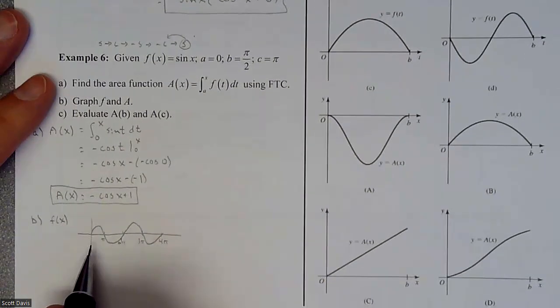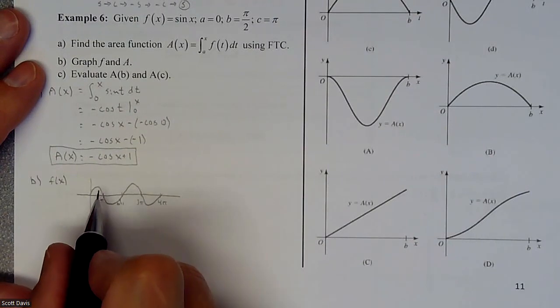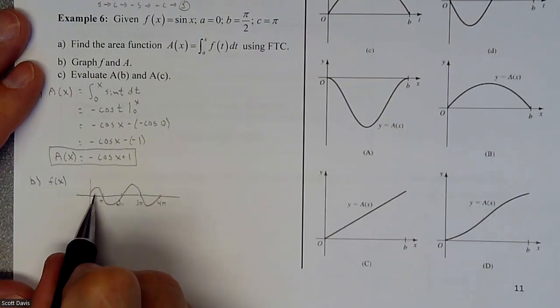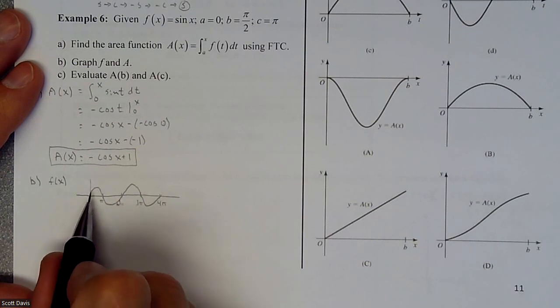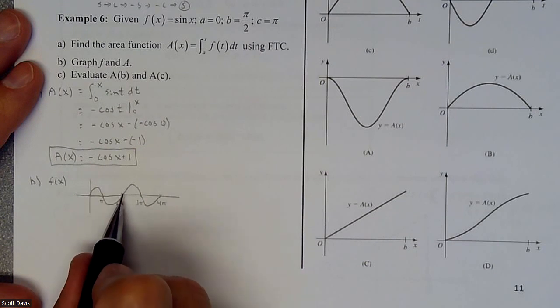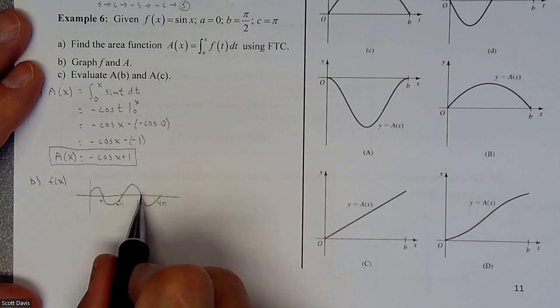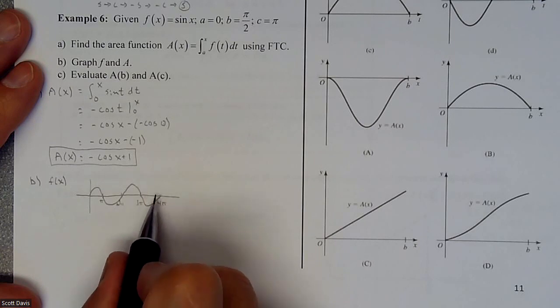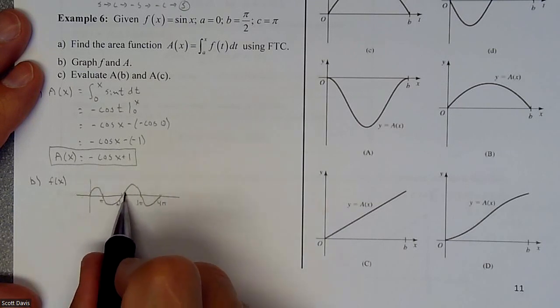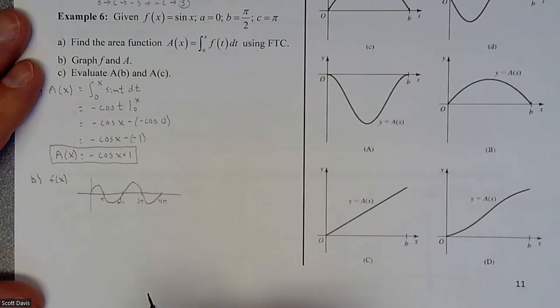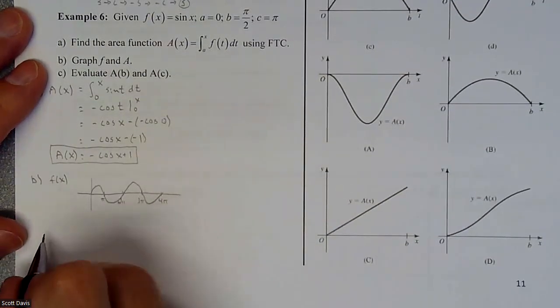If you think about what's happening, if you're finding the net area on this, you're gaining area until you get to that point, but then you start to lose area because you have a negative area. When you go one full cycle to 2 pi, you're at a value of 0. Then you gain area again, then you start to lose that area, and then you start it all over again. So from 0 to 4 pi, you would have added area, lost that area, added area, lost that area, and you'd be sitting at 0. That's what this graph actually does for you.